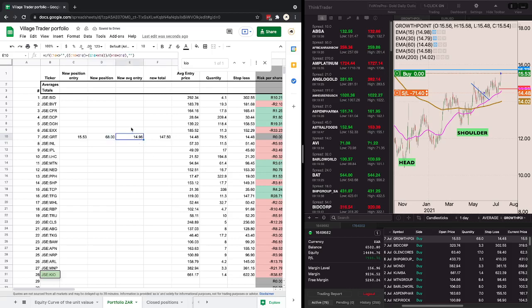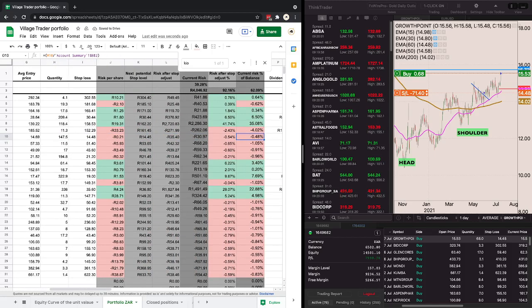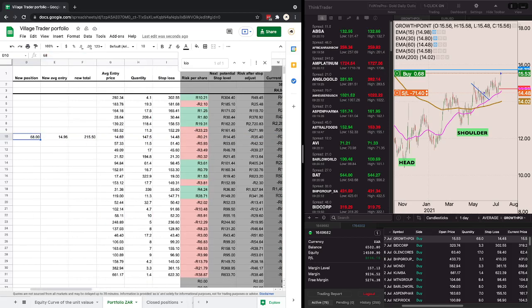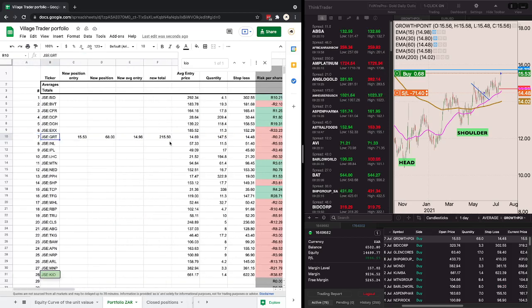So my new average entry price, I need to update that to 1496. And my new total is now 147.5 shares of Growthpoint. My risk on the trade is just a little under 0.5% on Growthpoint. Oh, sorry, my stop loss 1448. That's good.